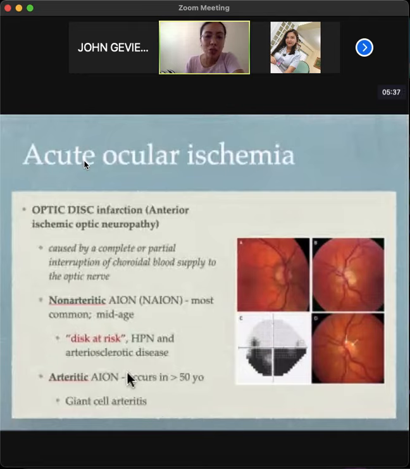The classic term for the nerve is disc at risk, meaning the retinal vessels look crowded on the disc, so you don't usually see the cup-to-disc ratio. Arteritic ischemic optic neuropathy occurs in elderly individuals, usually more than 70 years old, and is associated with GCA or giant cell arteritis.